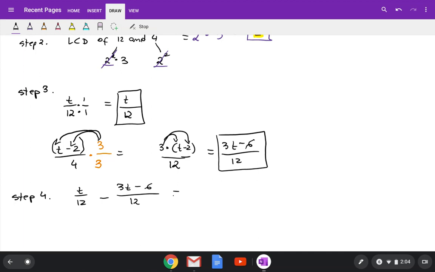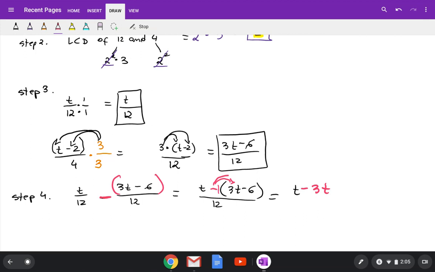Okay, so let's simplify. Now we copy 12 once and we're subtracting. So you have t, and now be careful here. You're subtracting an expression, okay? So you have t minus the quantity 3t minus 6, which will become t minus 3t, and when you have a minus in front of the parentheses, you distribute negative 1.